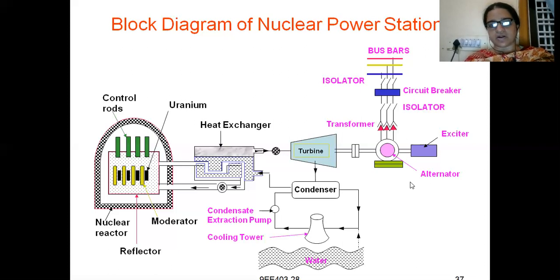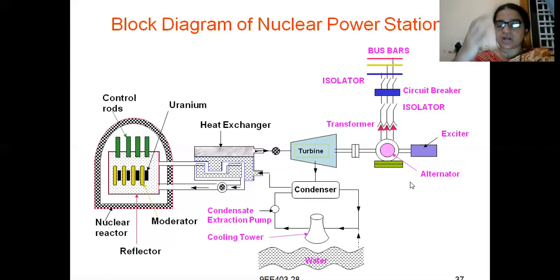Right. After the control rods, there is another important block which is called the heat exchanger, HE. What is a heat exchanger? The heat released during our nuclear reaction from the nuclear reactor should be extracted. In order to extract that heat, we require a heat exchanger.